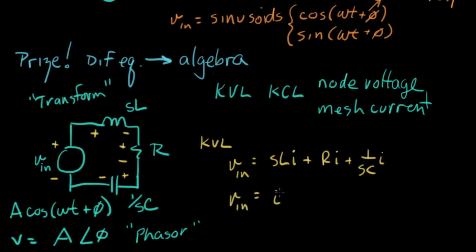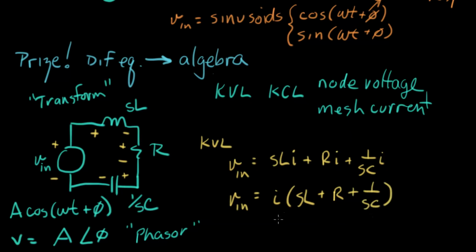It's I times SL plus R plus 1 over SC. All right, that was a straightforward application of Kirchhoff's law.